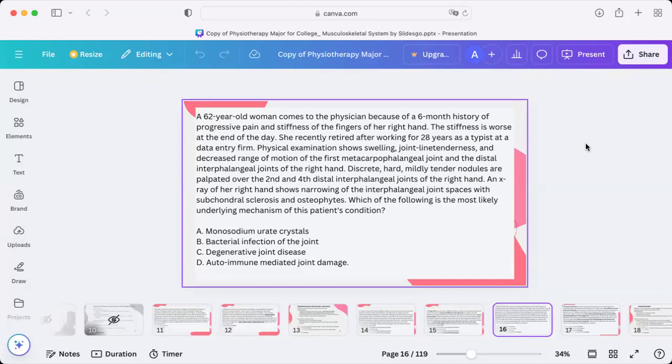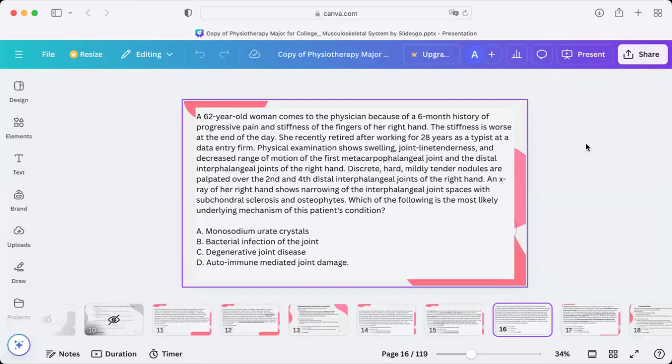Okay, so you guys putting your answers already. And the distal interphalangeal joints of the right hand. Discrete, hard, mildly tender nodules are palpated over the second and fourth distal interphalangeal joints of the right hand. Good job. I like that you guys are putting the names. An X-ray of her hand was showing narrowing of the interphalangeal joint spaces with subchondral sclerosis and osteophytes. Which of the following is the most likely underlying mechanism of the patient's condition?